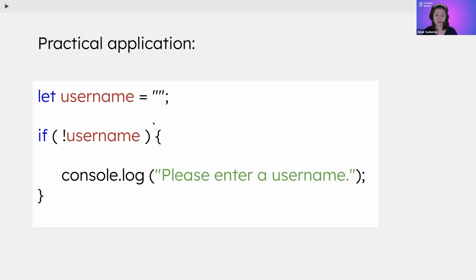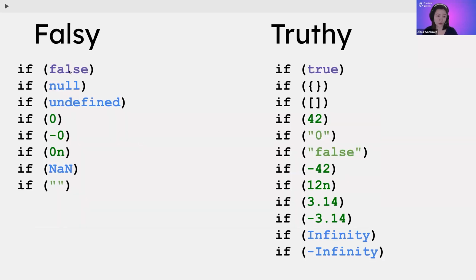But sometimes you will encounter that username is an object with, for example, first name and last name, and if you check if this object exists, it will return true, even if this object is empty. So please be careful with using truthy and falsy, and always remember what is considered falsy and what is considered truthy.